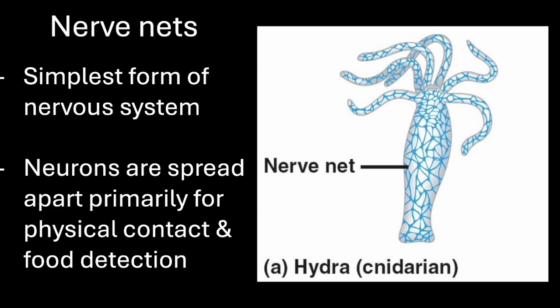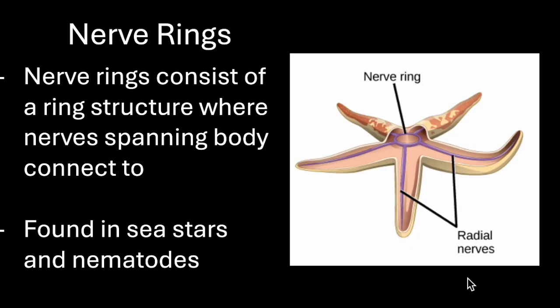Next is a nerve ring, which is slightly more complex. Here there's a ring structure in the middle. We're looking at sea stars, which are in the class Echinodermata. So here they have 5 different arms, right? And these all connect back at the central point.